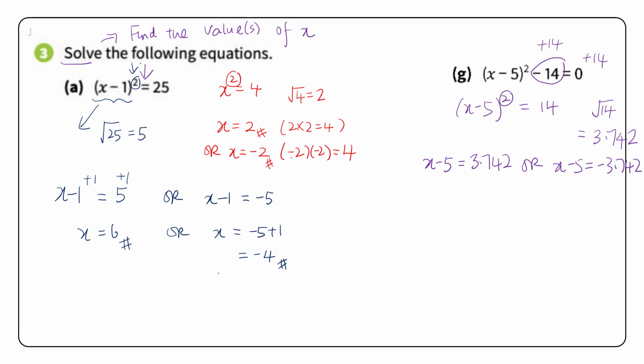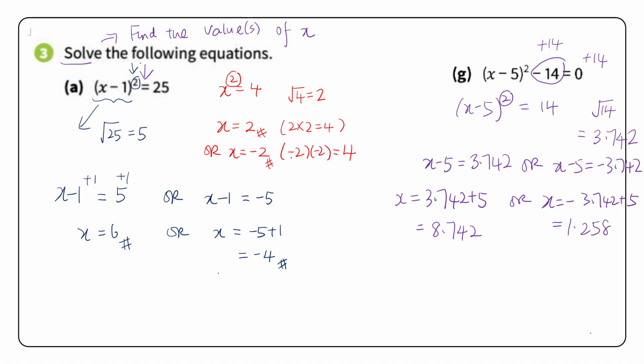Then you add 5 to both sides. 3.742 plus 5 gives you 8.742, or negative 3.742 plus 5, and that gives you 1.258.